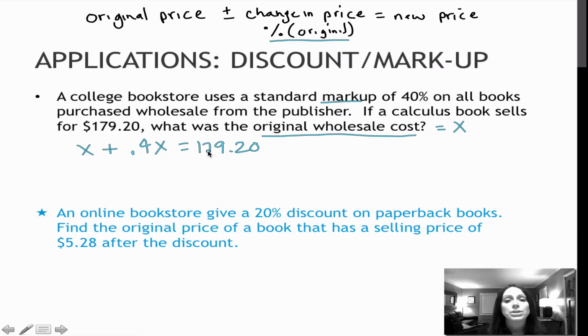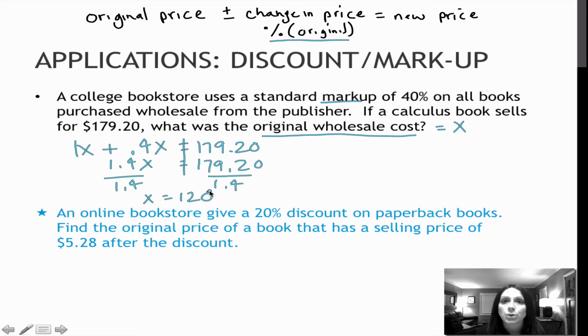So now I just have to solve. On the same side of the equation, I have two values with an x, which makes them like terms. This is a 1x because if there's no number, it's a 1. So 1x plus 0.4x equals 1.4x. So all I'm going to have to do now is divide each side by 1.4. And when I do that, I get x equals 120.